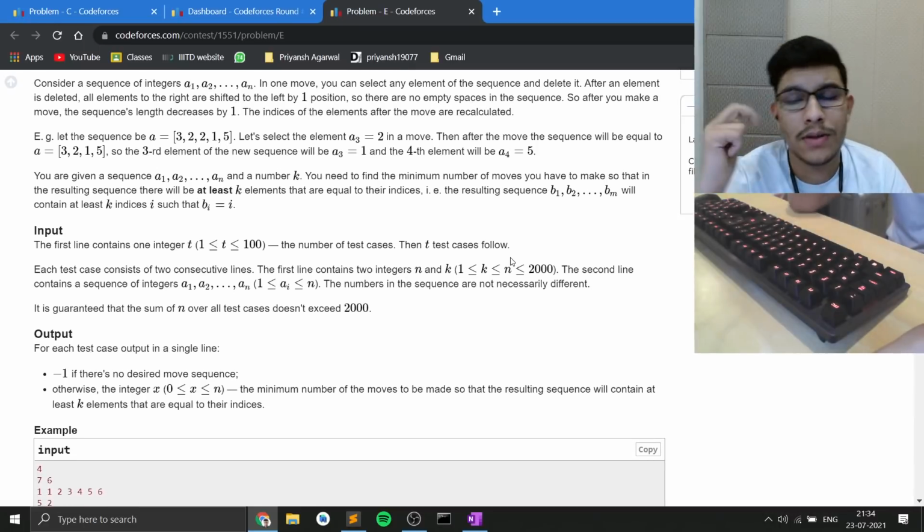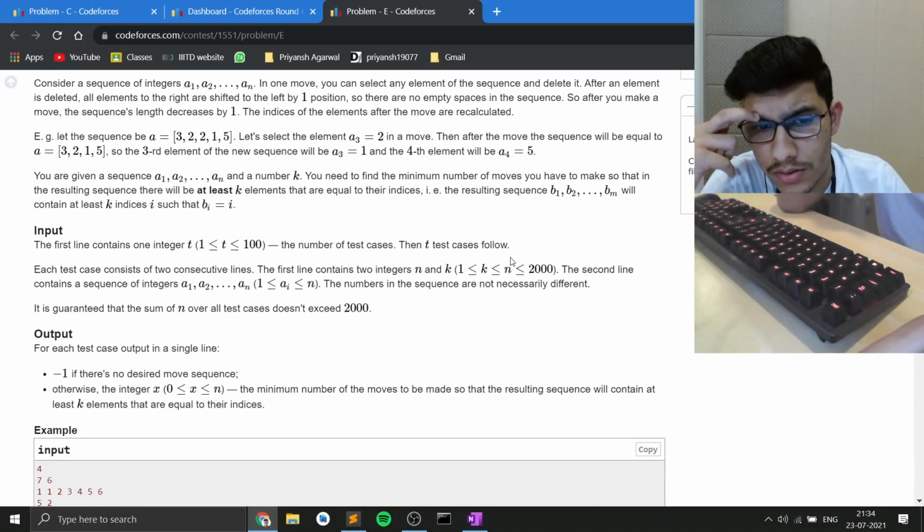At least k of them should be on the right positions.